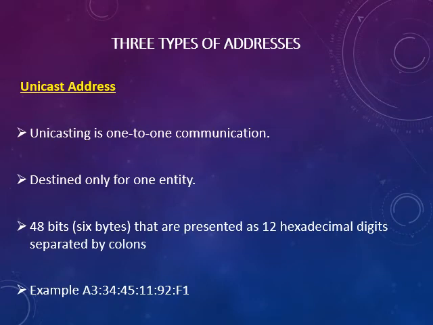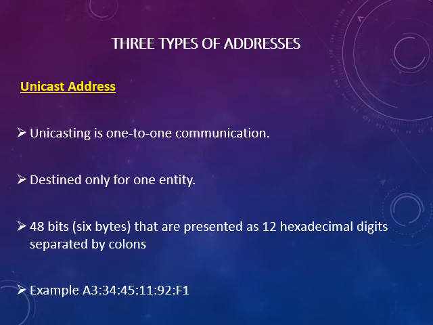There are three types of addresses available in the data link layer. First one is a unicast address. Each host or each interface of a router is assigned a unicast address. Unicasting is one-to-one communication. A frame with a unicast destination address is destined only for one entity in the link.